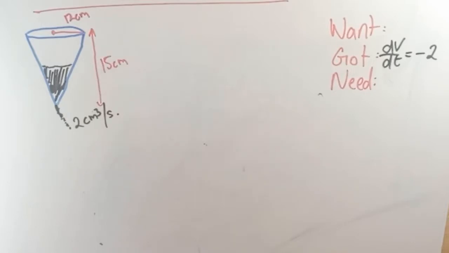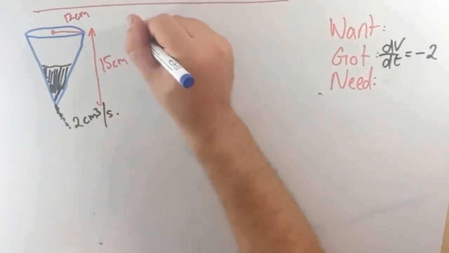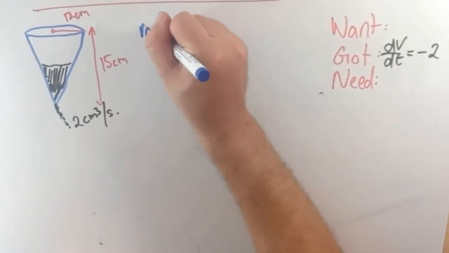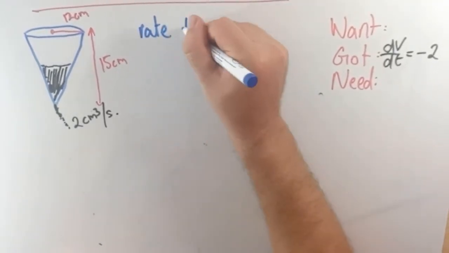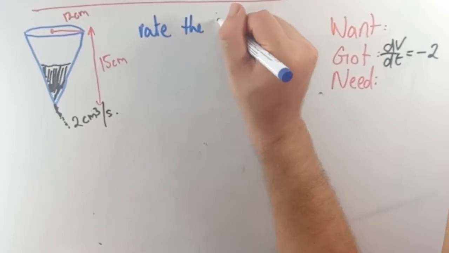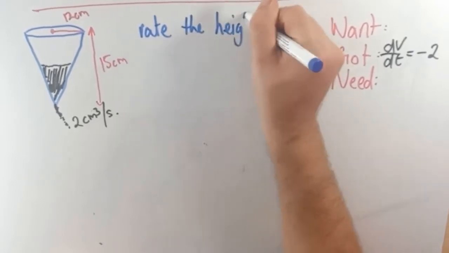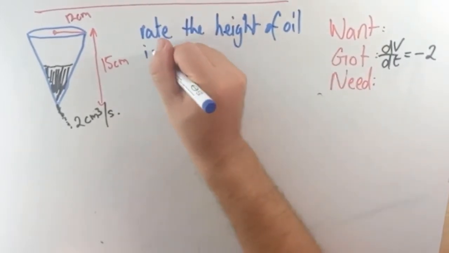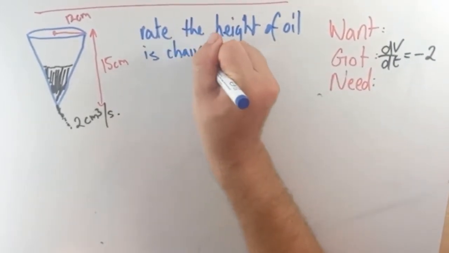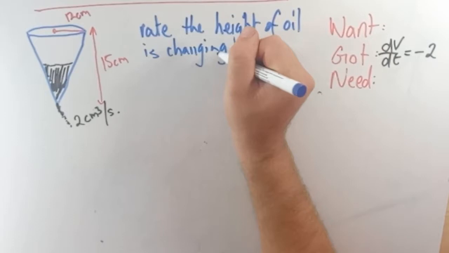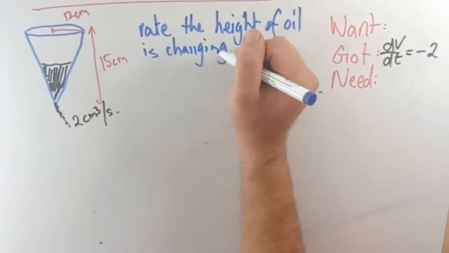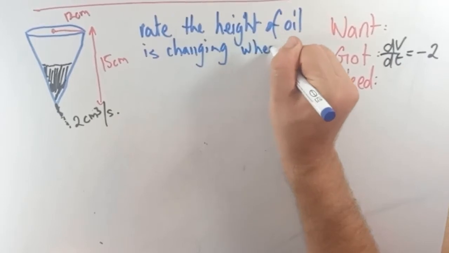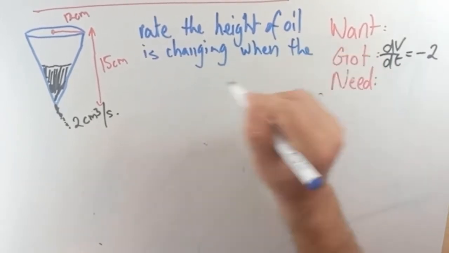What do we need to find? The question is, what is the rate, the height of the oil is changing, or is falling, when the height is 3 centimeters.